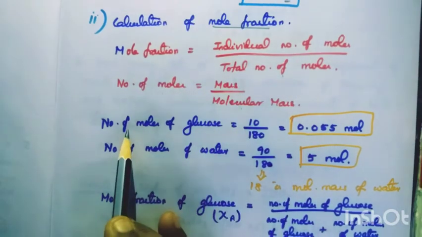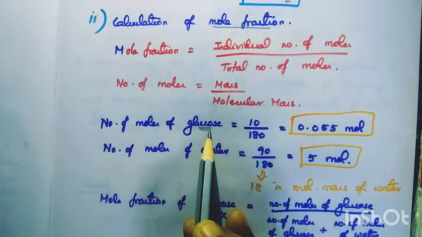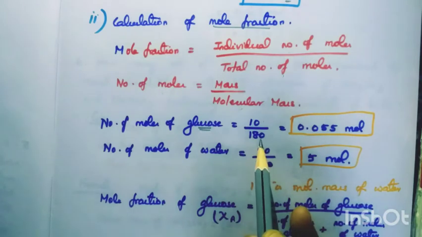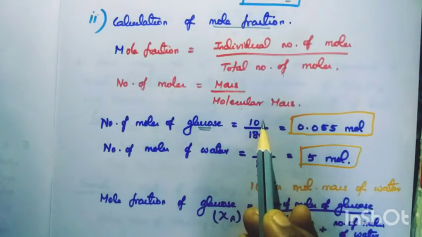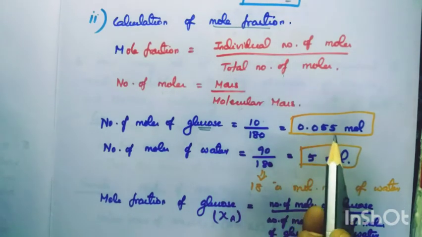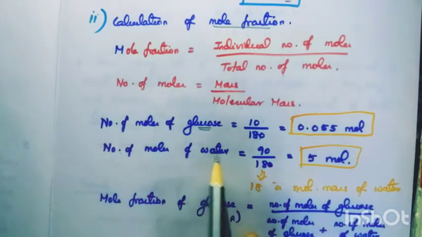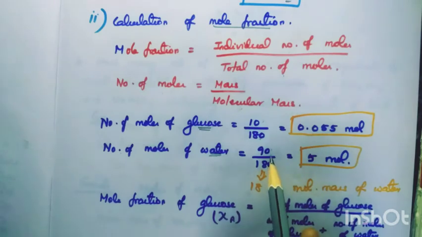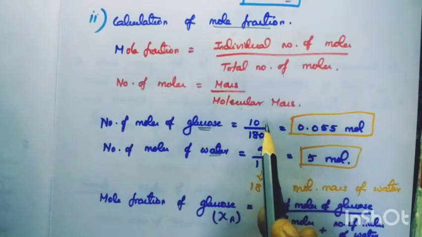Now we are going to calculate the number of moles of glucose. Mass by molecular mass, 10 gram is there, 180. 0.055. Number of moles of water. This is solute and this is solvent. 90 by 18. 100 minus 10, 90 we find out.